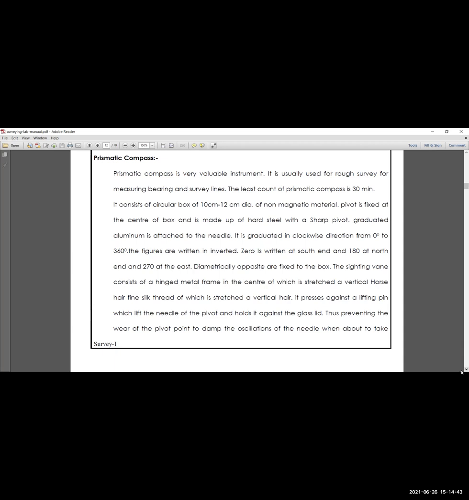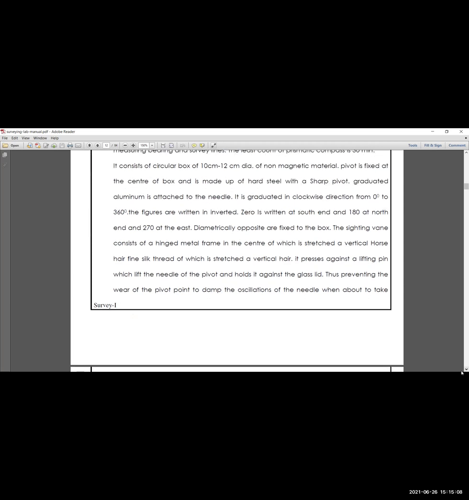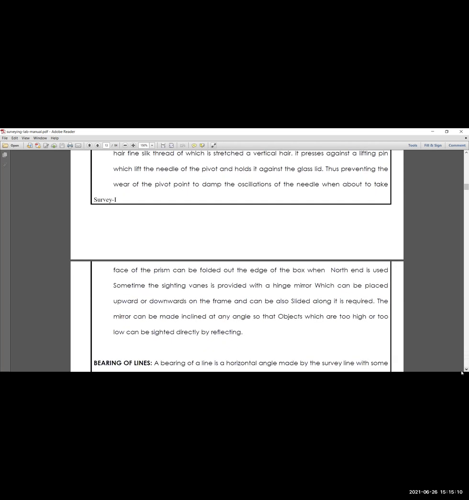The sighting vane consists of a hinged metal frame, in the center of which a fine silk thread is stretched as a vertical hair. It is pressed against a lifting pin which lifts the needle off the pivot and holds it against the glass lid.